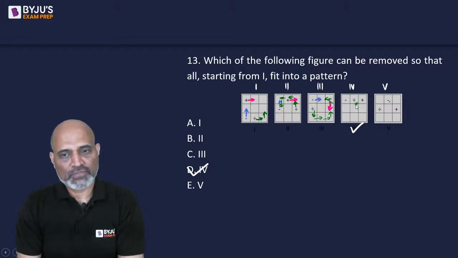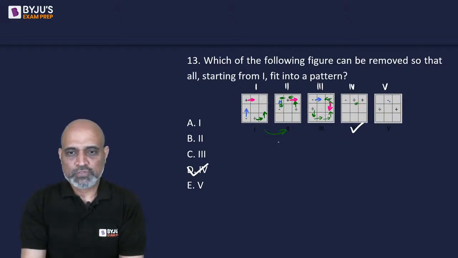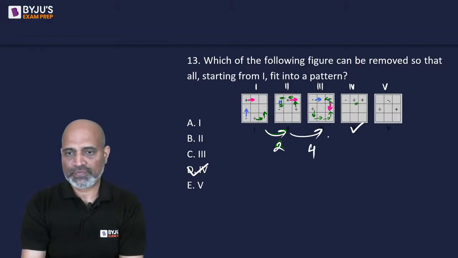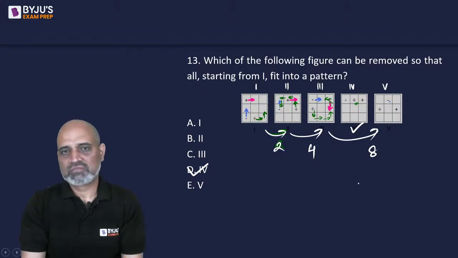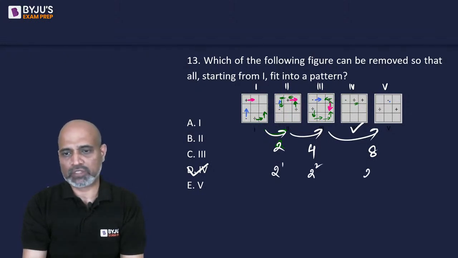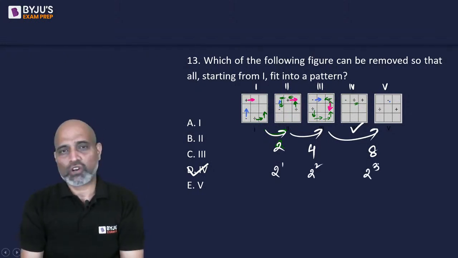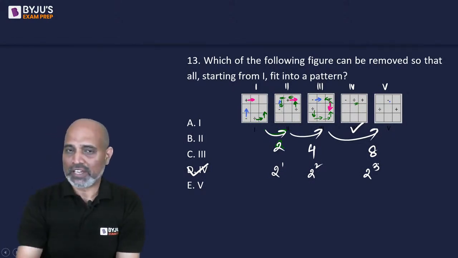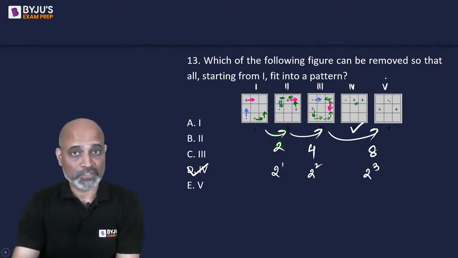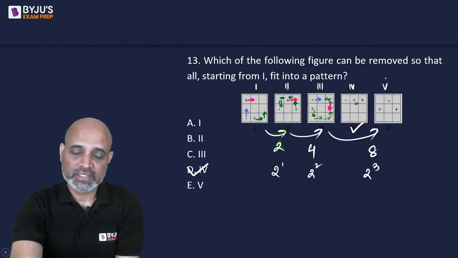It moved 2, then it moved 1, 2, 3, 4, and then it moved 8. The only logic that we can do is it's not an even number of times, but rather powers of 2 times ये move कर रहा है. कोई और logic तो है नहीं, right? So D will be the answer. The 4th figure is what we can completely ignore, such that 1st, 2nd, 3rd, and 5th will fall in line. They will form a pattern, right?